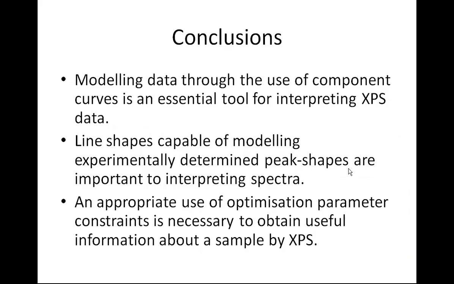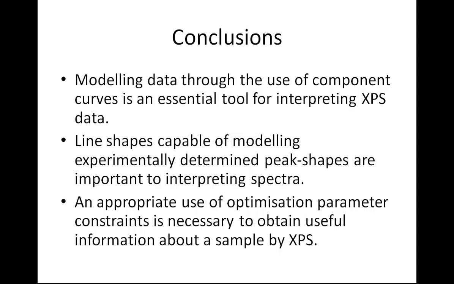From these examples we can conclude that peak fitting and peak models are an important part of interpreting XPS data. They are an essential part of it. However, the line shapes that we use in these peak models must be as close as possible to the line shapes that are generated by the photoemission process and the measurement process.